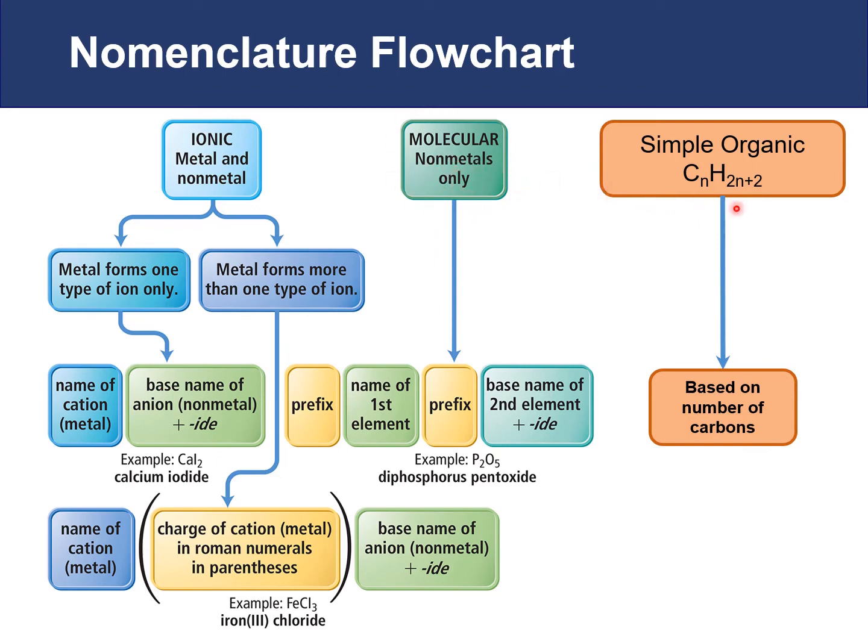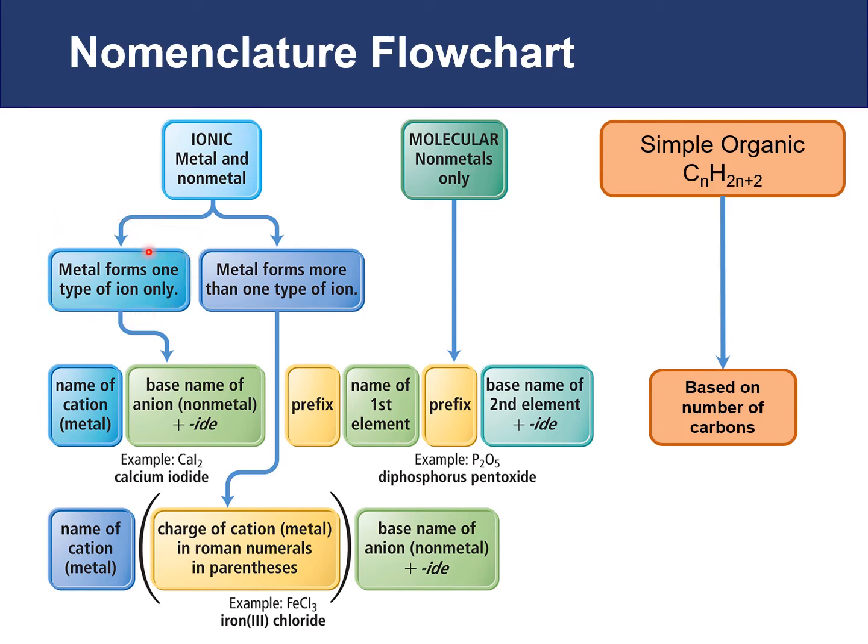And the last group will be our simple organic compounds, which will consist of a certain number of carbon atoms and twice that number plus 2 of hydrogen atoms. So we'll follow a chemical formula that agrees with the general term CnH2n+2.